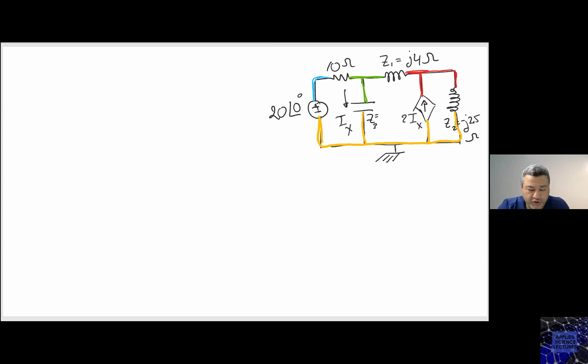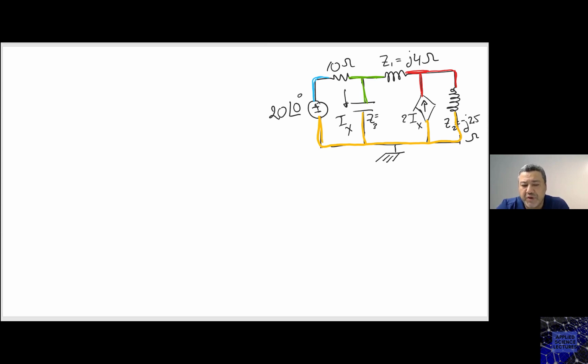Number one, when you do nodal analysis, what are your standard variables? That's correct. I need to write for the red and the green.